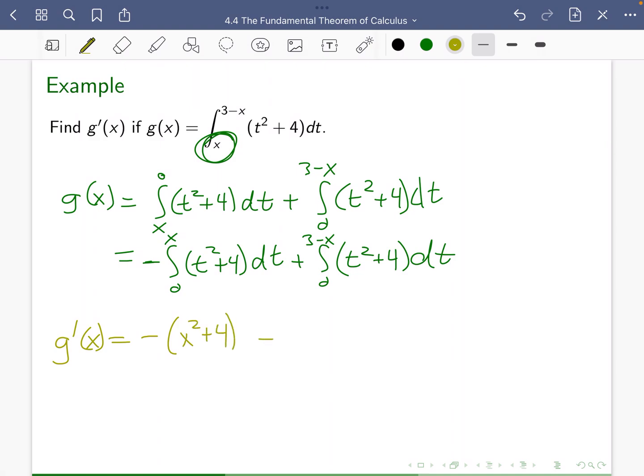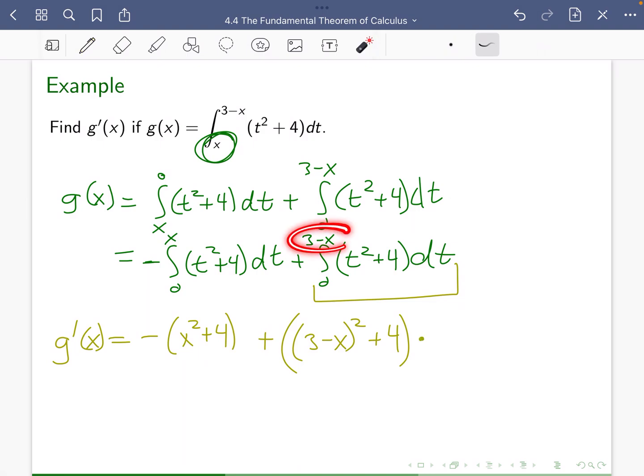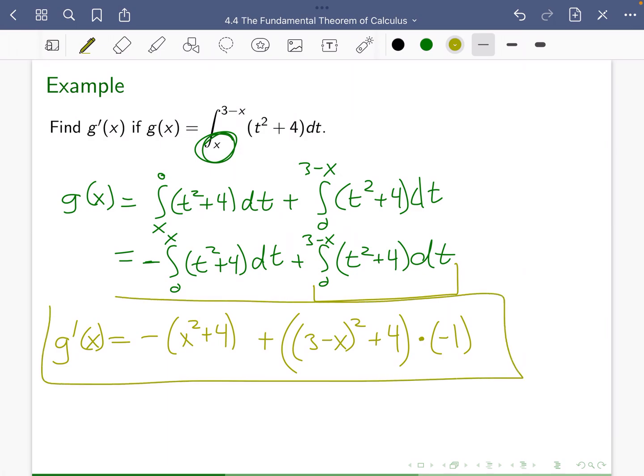And if we take the derivative of our second piece, it's going to be 3 minus x squared plus 4, times the derivative of that inside. The derivative of 3 minus x is negative 1. And that is our derivative using the fundamental theorem of calculus, part 2.